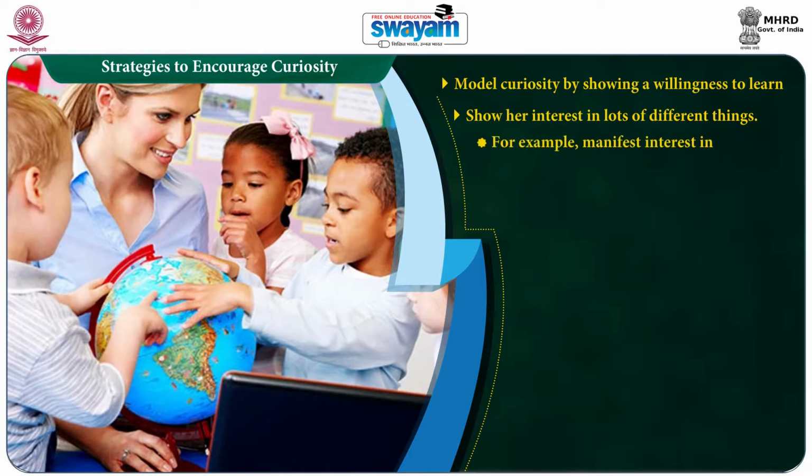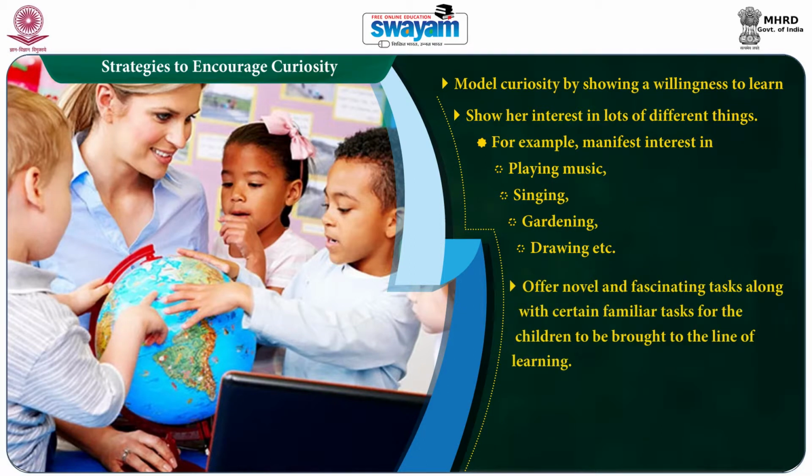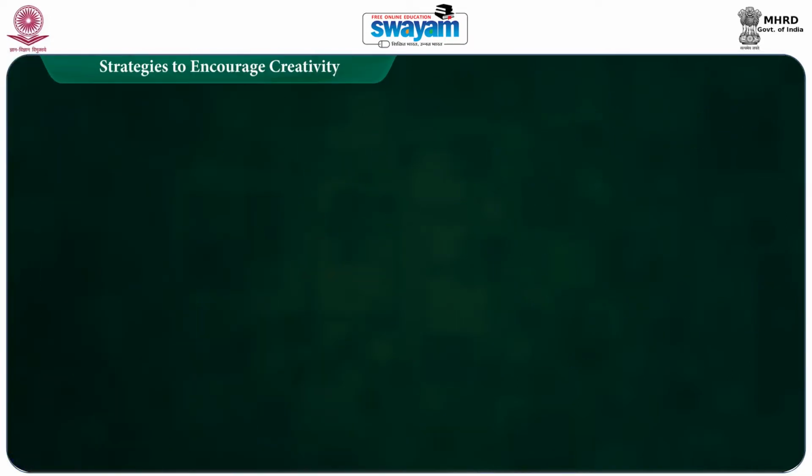For example, manifest interest in playing music, singing, gardening, drawing, etc. And offer novel and fascinating tasks along with certain familiar tasks for the children to be brought to the line of learning.